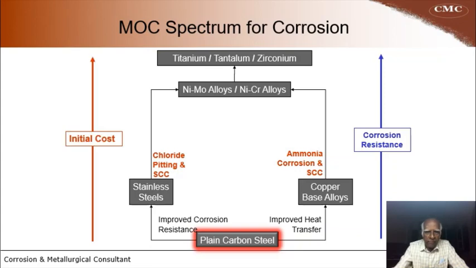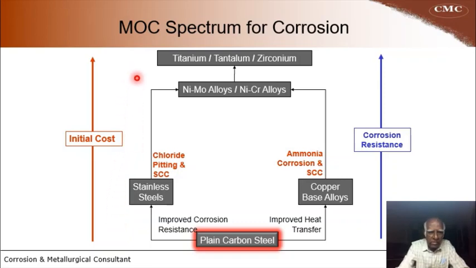Unfortunately, the initial cost is also increasing very heavily. Assuming the cost of plain carbon steel is X, stainless steel will cost 30X and nickel-based alloys will cost 300X. So that much increase in initial cost.